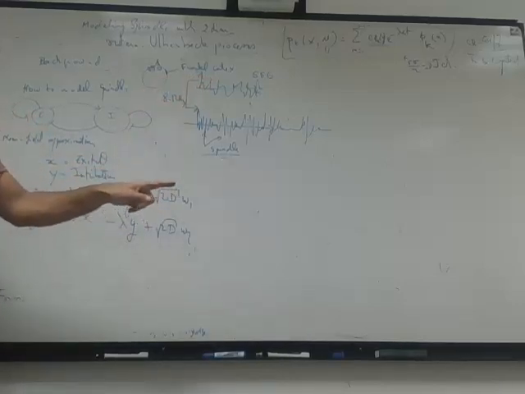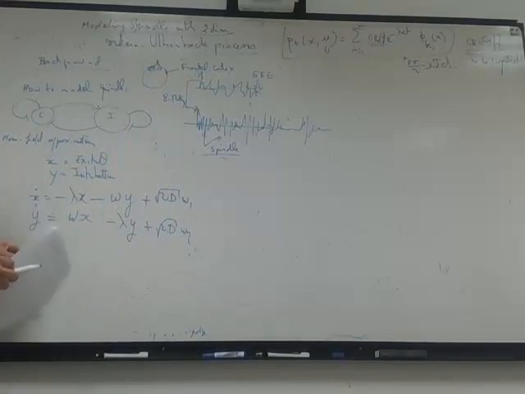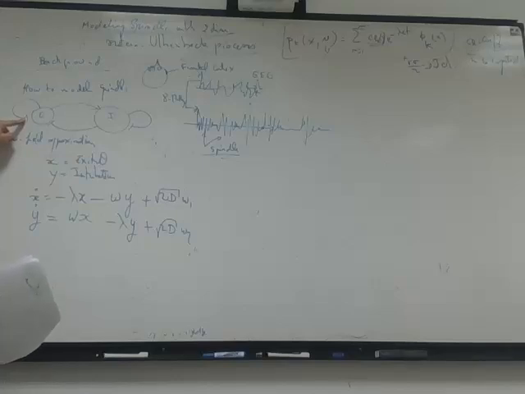I'm sorry? The x dot should be plus lambda x, since it's the excitatory part. Excitatory gives you a self loop. Negative, right? So it inhibits itself, because the inhibitor inhibits the excitator.